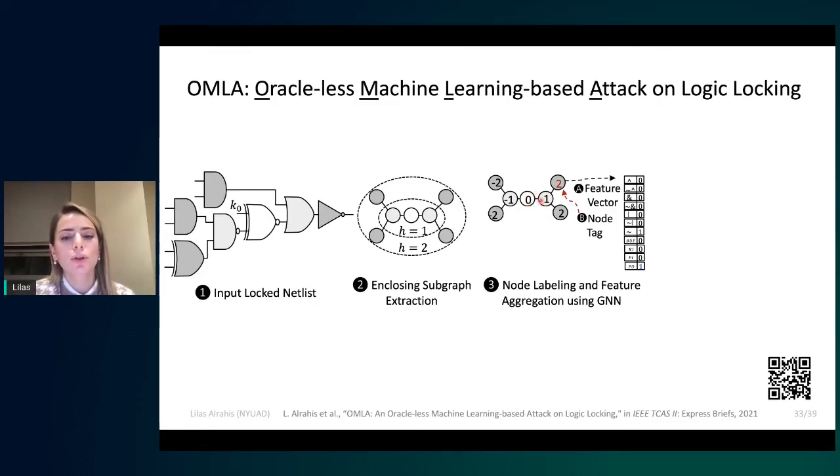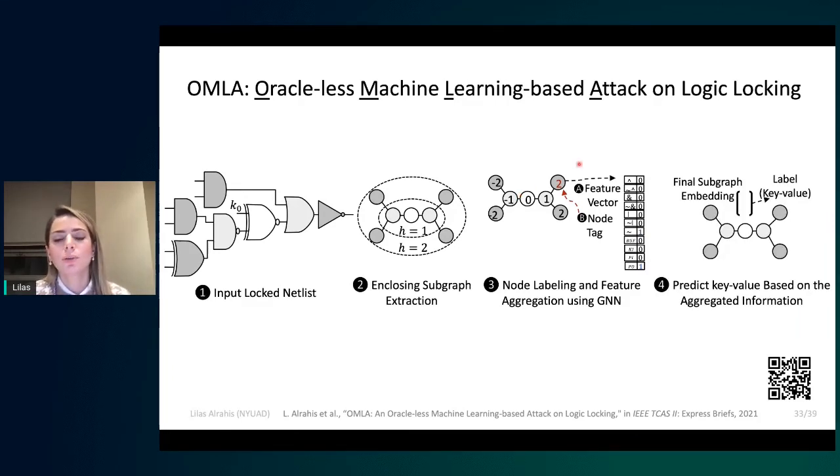And then we also capture information regarding the fan-in and the fan-out of this key gate. Using this sign, we are able to tell if these nodes are feeding the key gate or if they are fed by the key gate. We observe that this enhances the performance of the GNN, specifically because we are representing the circuit as a non-directed graph. So by adding this structural information, we're still able to capture some sense of the direction in the graph. So this will be fed to the GNN.